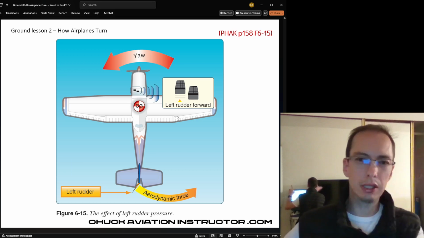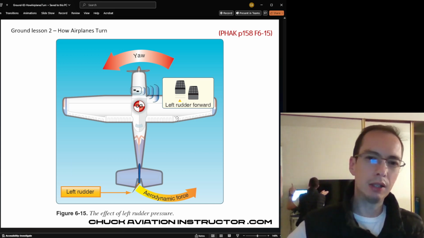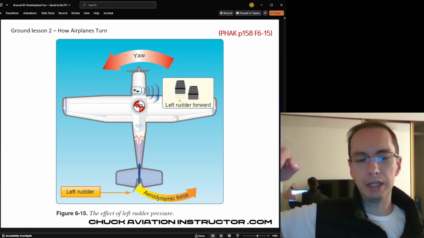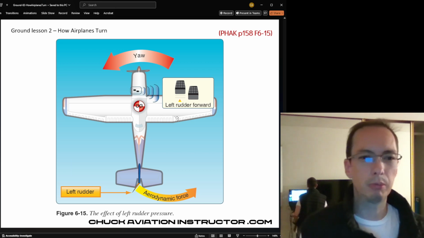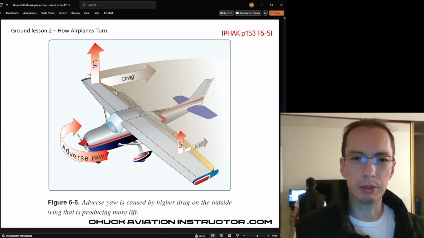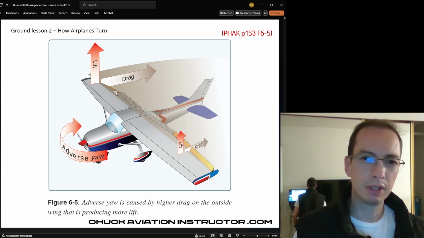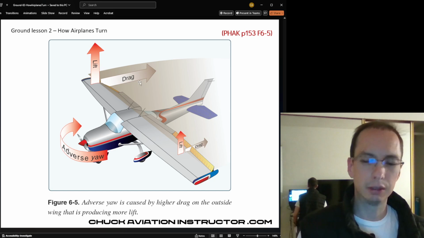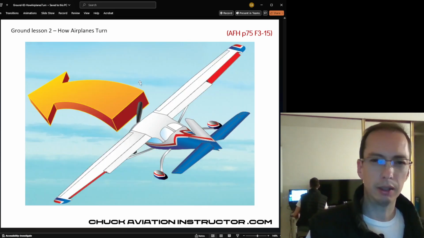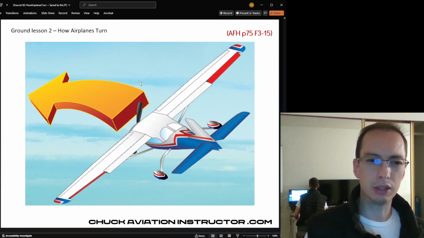I know you want to turn left, but your nose wants to come right, just because your right wing is sort of being held backwards by this drag that is produced by increasing the angle of attack by lowering the aileron. So you're turning left, but the right drag makes your nose want to turn right, and that is something that you don't want.